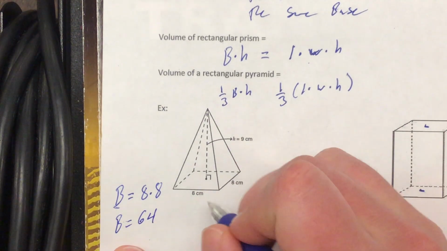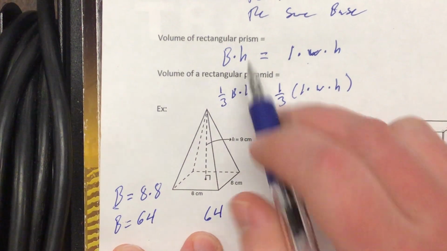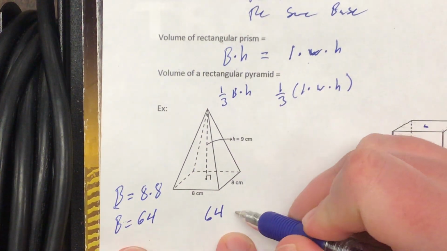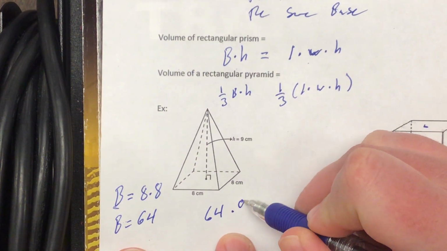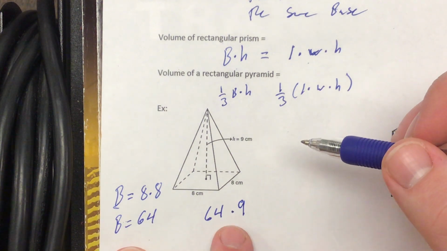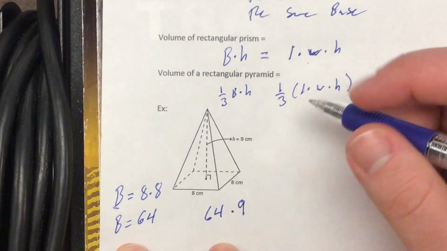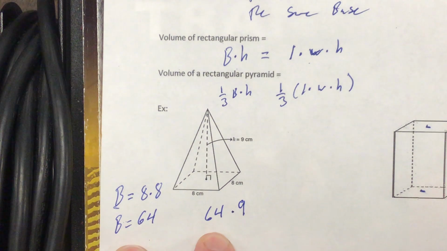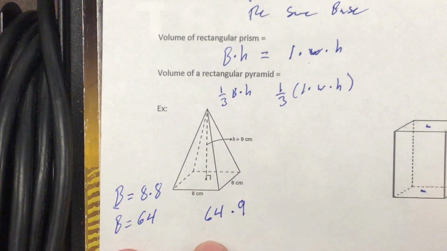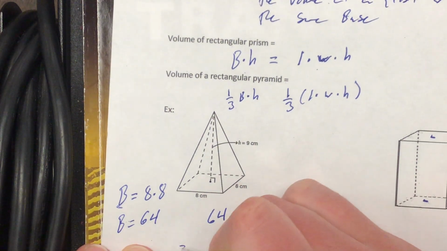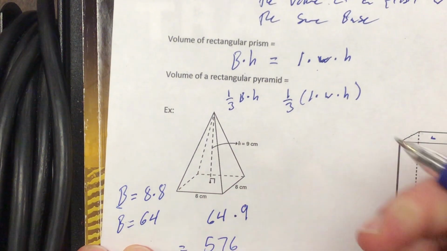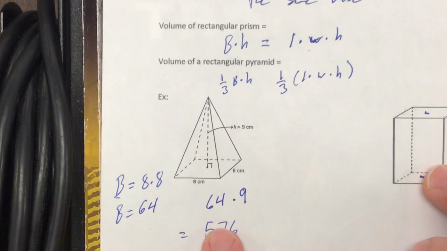Now to find our volume, we take 64, our base, times our height. What's our height? 9. You can use calculators here, but what's 64 times 9? 576. That's pretty close.